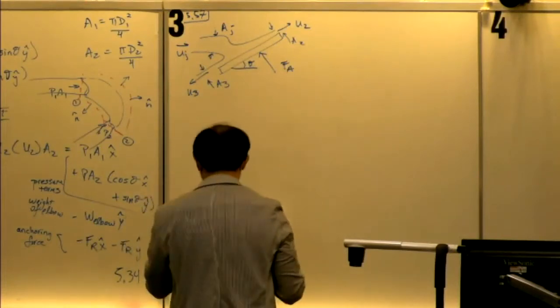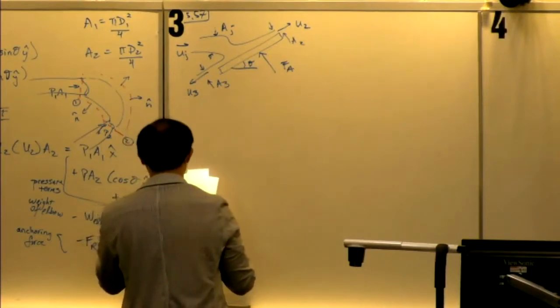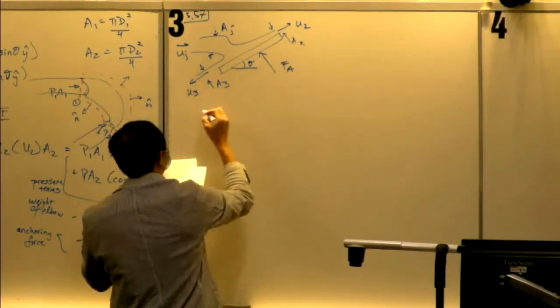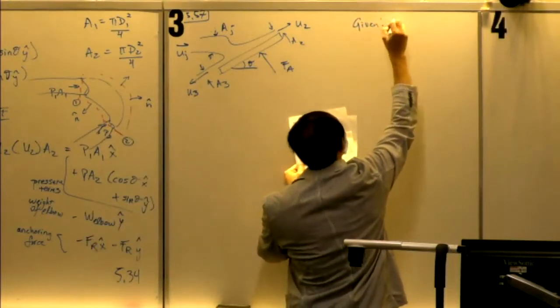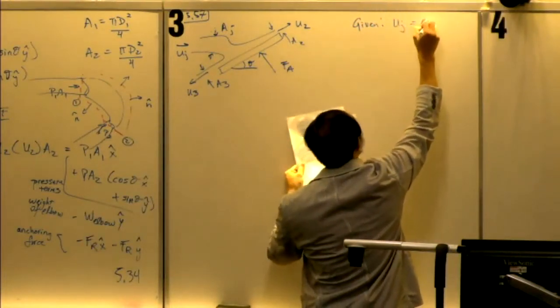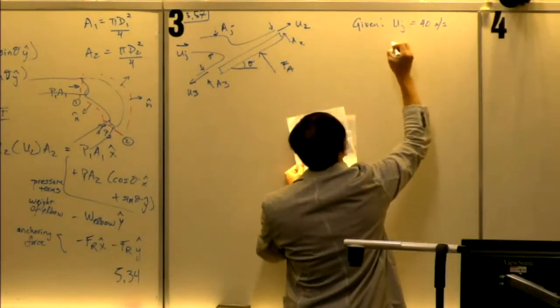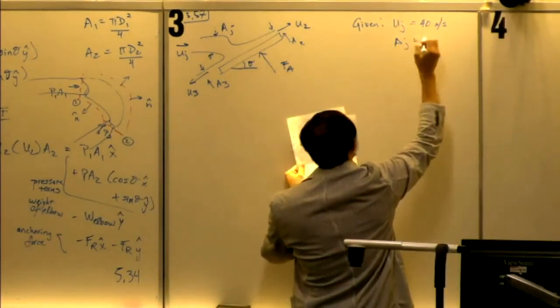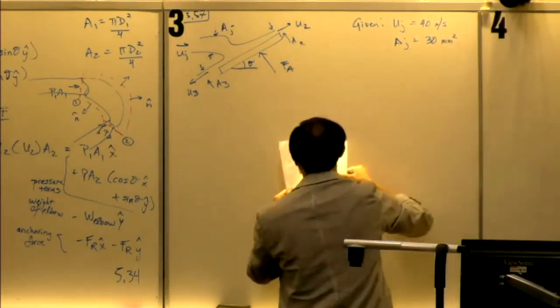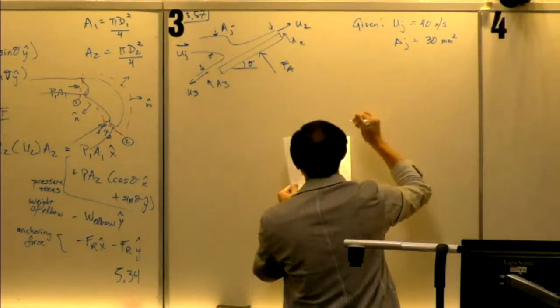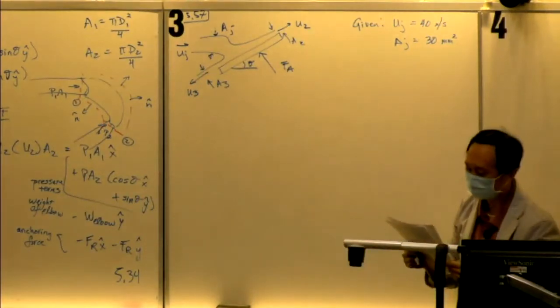Okay, so this problem asks three things. Given uj is equal to 40 meters per second, aj is 30 millimeters squared. And they say the velocity magnitude remains constant as air flows through the plate.